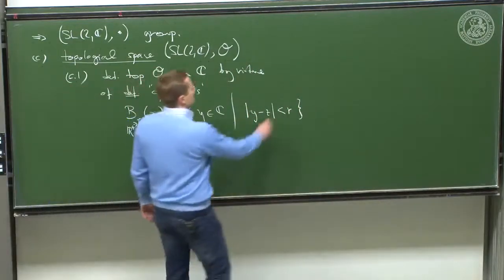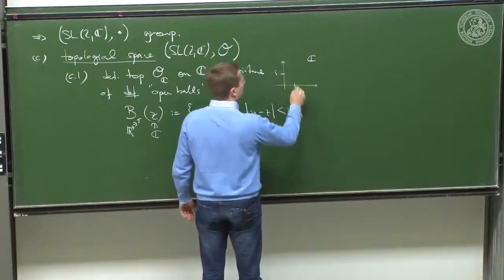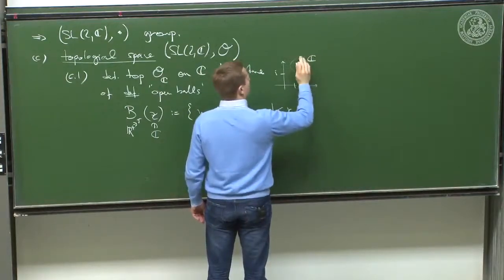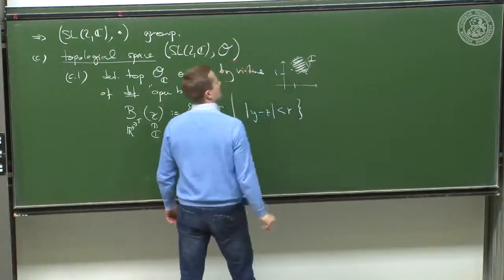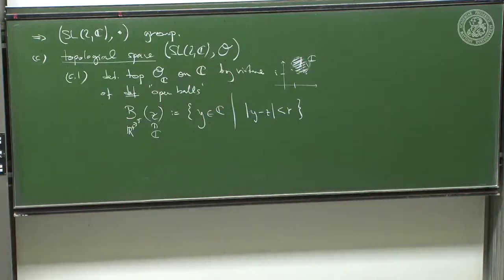But obviously, if you go to the complex plane, this is the point z. It's, well, without the boundary. It's all the complex numbers in here for a positive radius r.